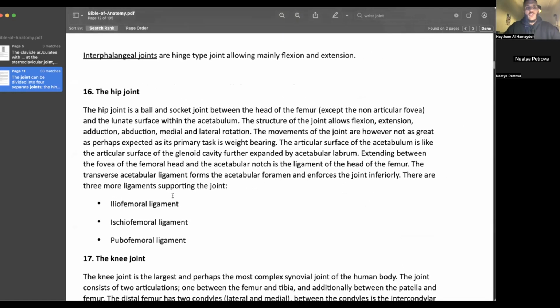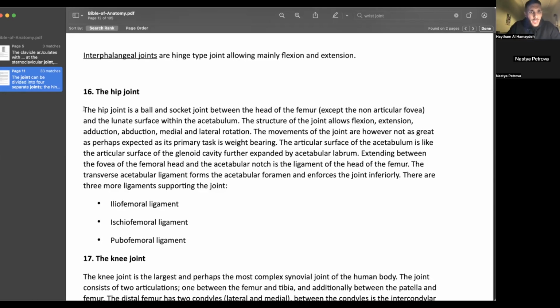So I've shown you the hip joint, and the hip joint is basically between the head of the femur and the acetabulum that exists within the pelvic bone.